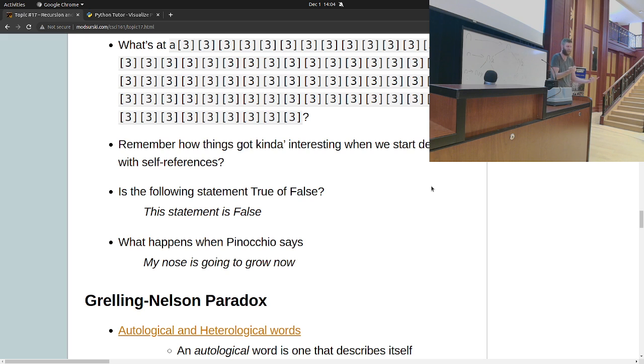But he told me that it's going to grow. What? Do we see the problem here as well? Pinocchio saying, my nose will grow. His nose only grows if he's lying. But if his nose grows, that means he was telling the truth. Which means he wouldn't have been lying, which means his nose couldn't have grown.